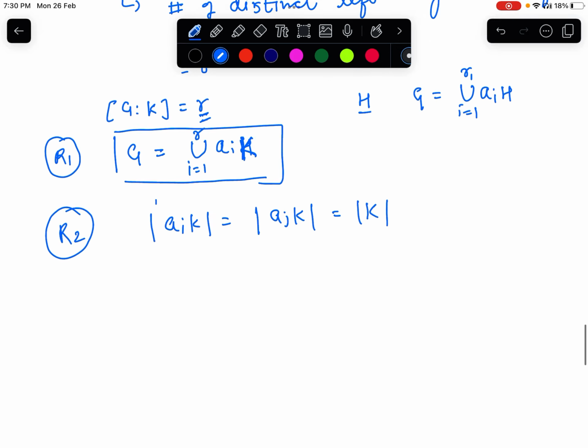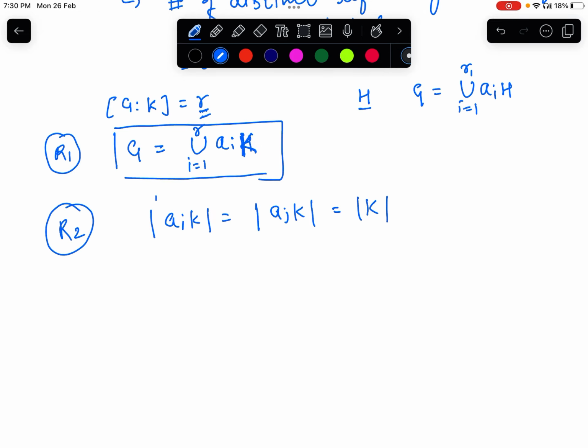We will also prove at the end of the video that any left coset AK has cardinality equal to that of BK, which is equal to the cardinality of the subgroup K.